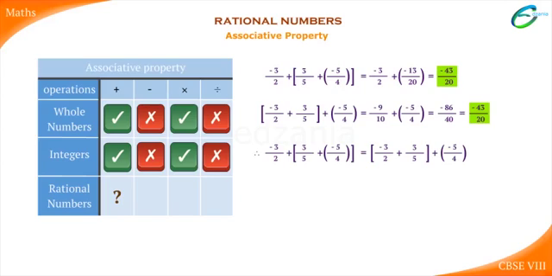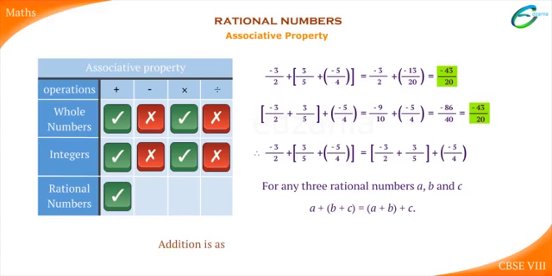From the example, it is clear that the results are the same in both the cases. Thus, for any three rational numbers a, b, and c, (a + b) + c equals a + (b + c). Hence, addition is associative for rational numbers.